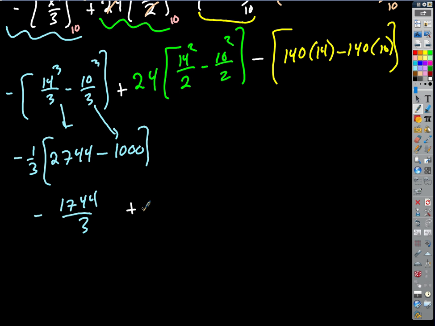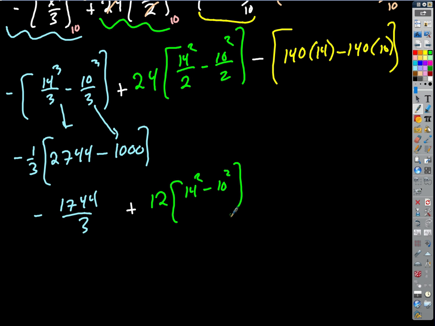plus, here we said we could, I've got a common denominator of 2, so if I just pull that out front, I've got 12 times 14 squared minus 10 squared.